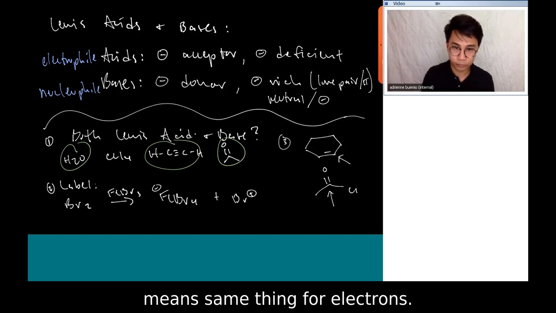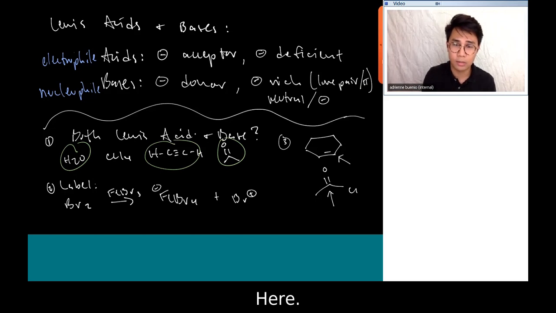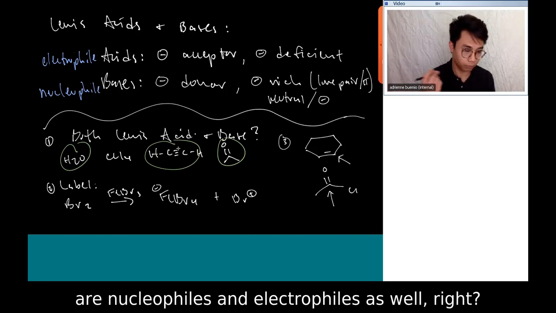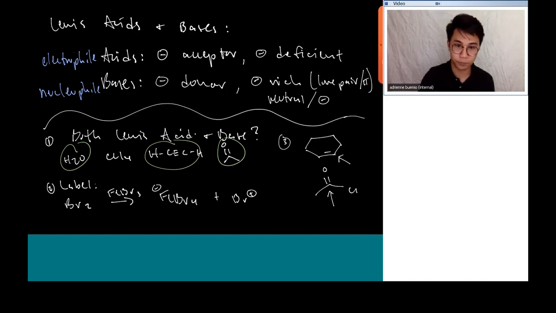Here, this C is electron rich, but at the same time, these carbons are nucleophiles and electrophiles as well, right? Because the triple bond is just pulling those away from each other.